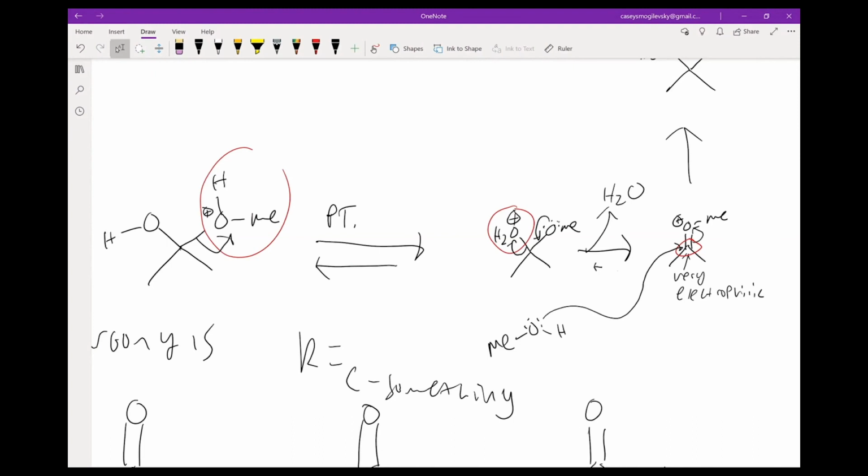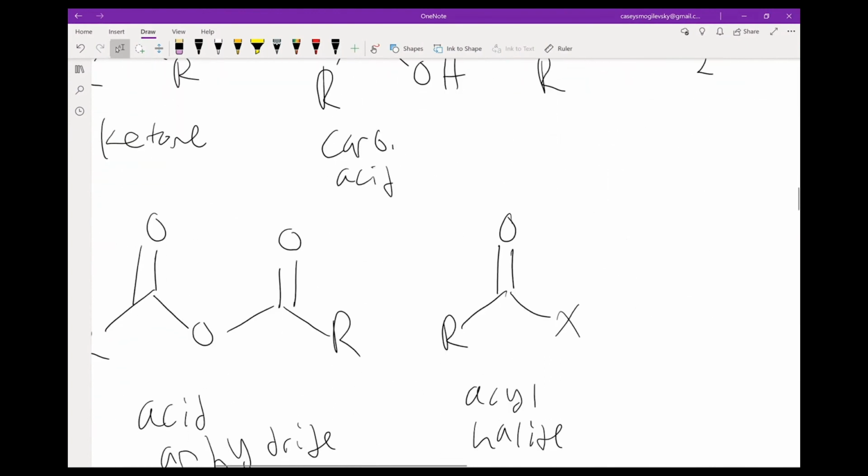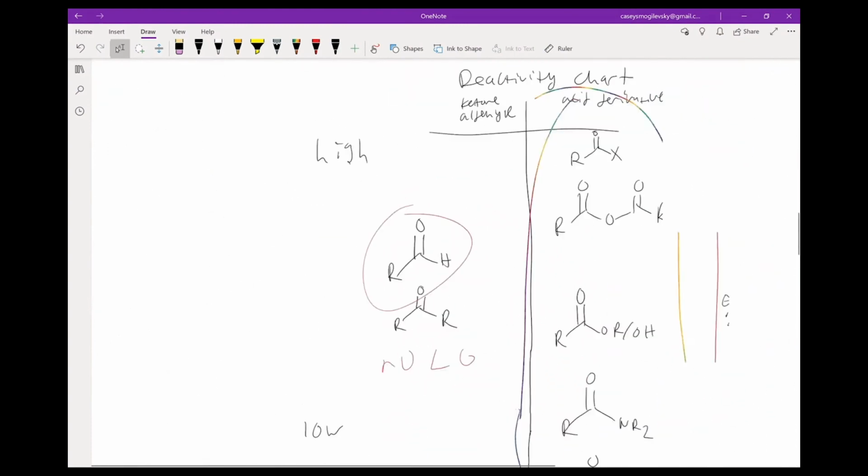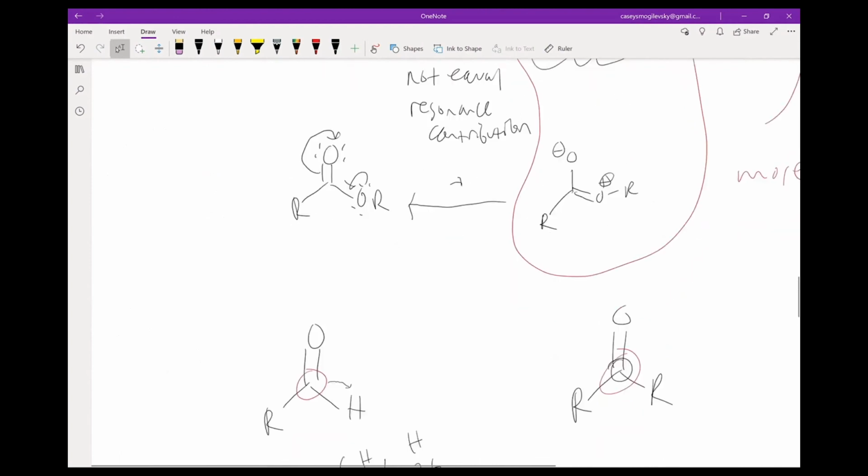You can think of the product as if you had a protonated ether, which would be a very, very good leaving group, or a doubly protonated carboxylic acid, which probably would never really happen, but you can think of it like that to tie it back into something we talked about earlier.